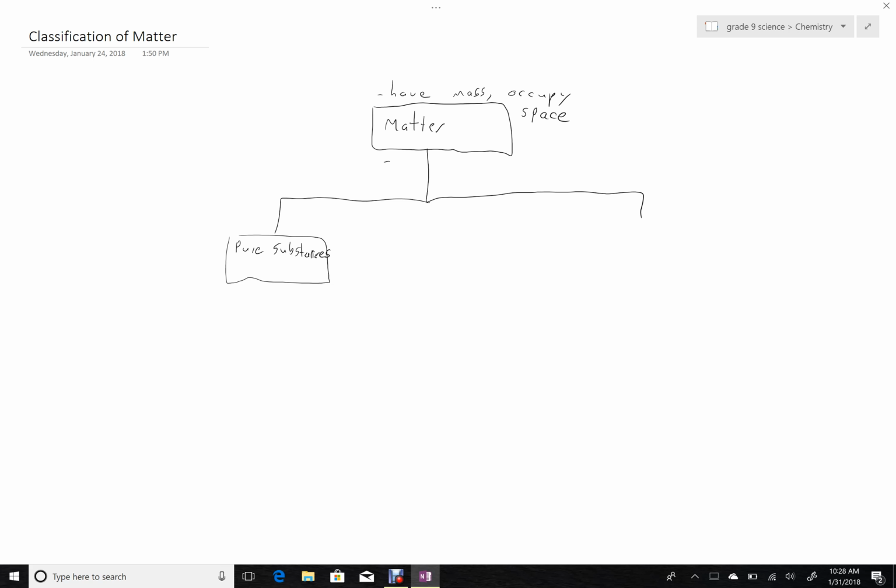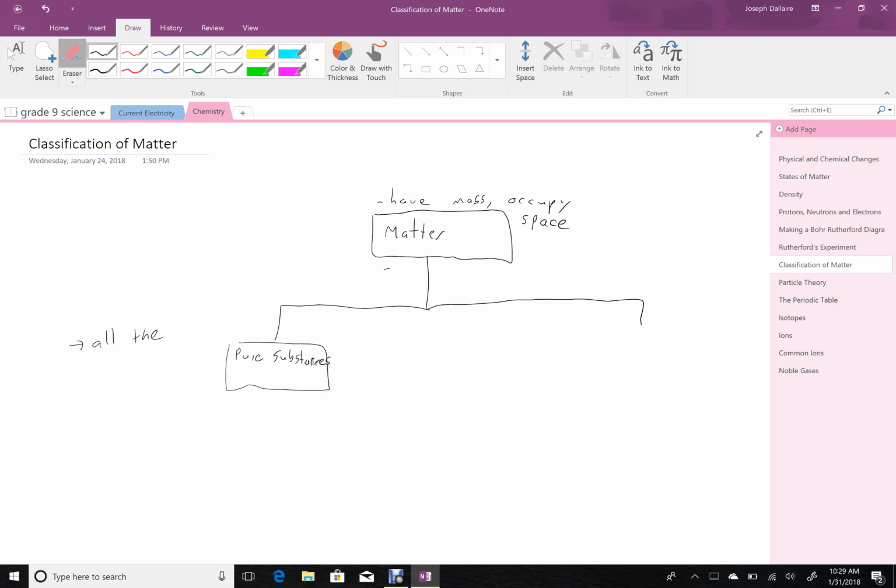Pure substances are substances that have just one type of particle.